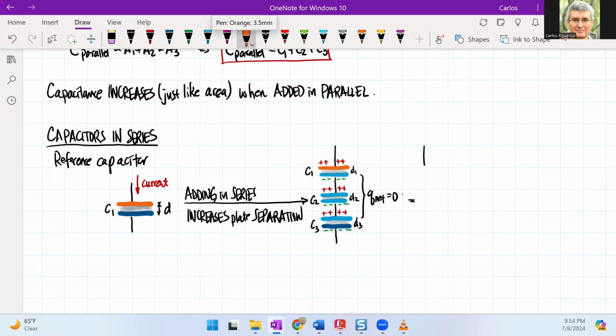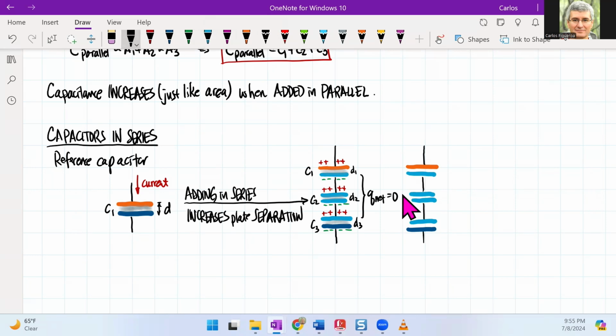So when I look at my charges, I have charges on my upper plate. And of course, I have charges on my minus plate, but there are plates in between, right? I do have plates. So in this case, I'm going to draw these guys without any negative charge because the net charge is 0. But we could say that about anything, any capacitor, right?